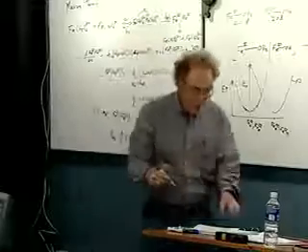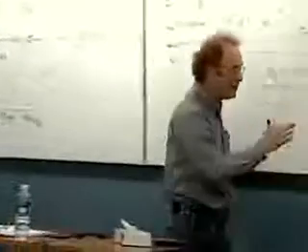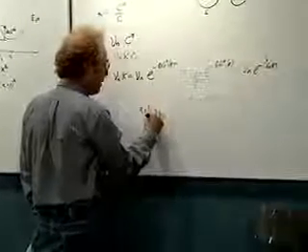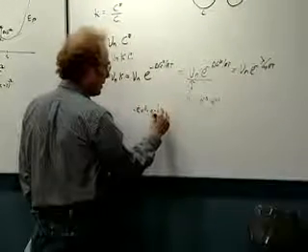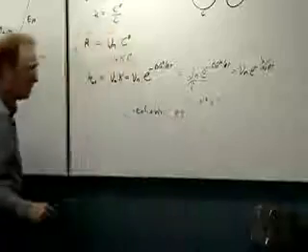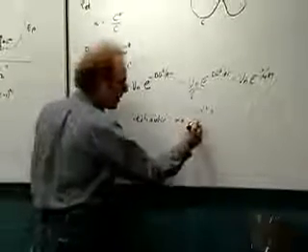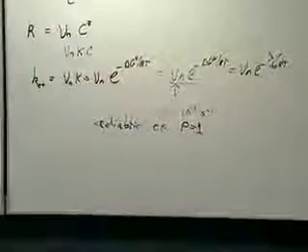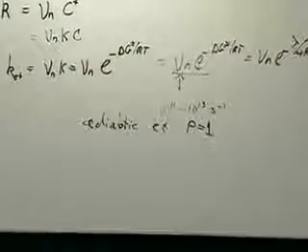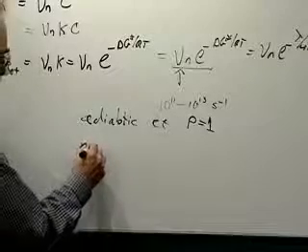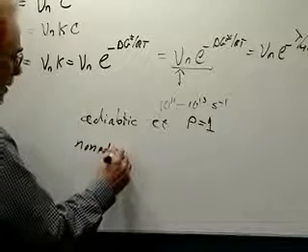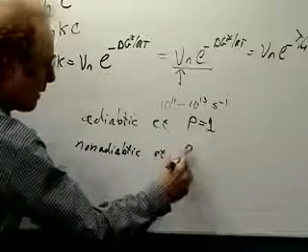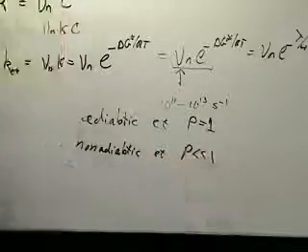Okay? And so there are two types of situations. There's adiabatic electron transfer, which has a probability of electron transfer of 1, meaning it can hop across from one curve to the other. And then there's non-adiabatic electron transfer, and there the probability is much, much less than 1.